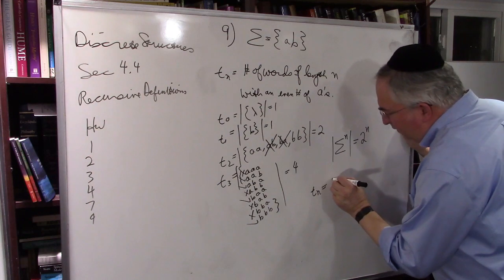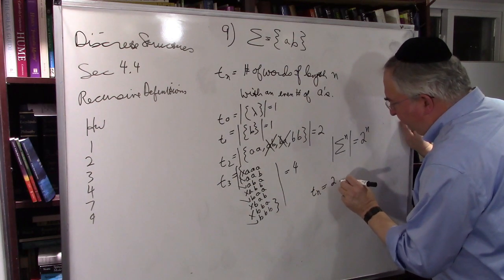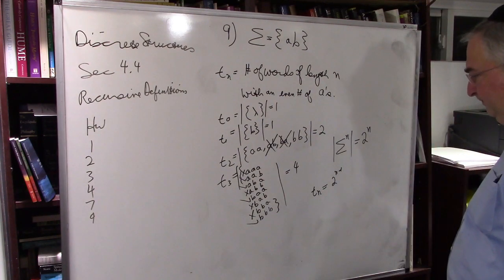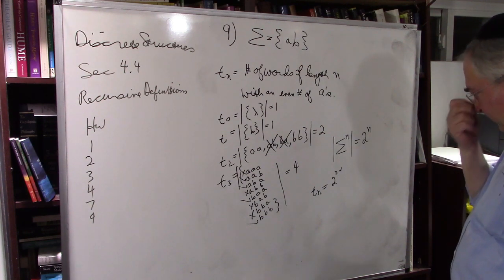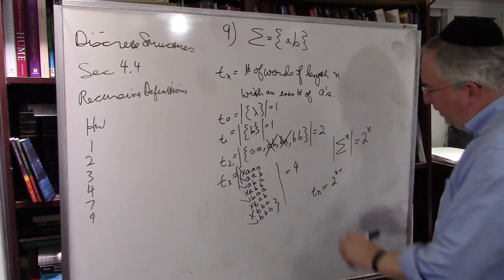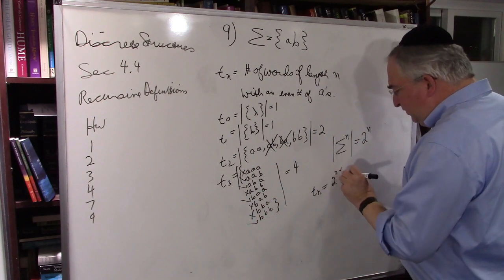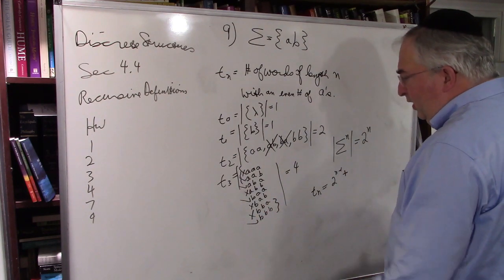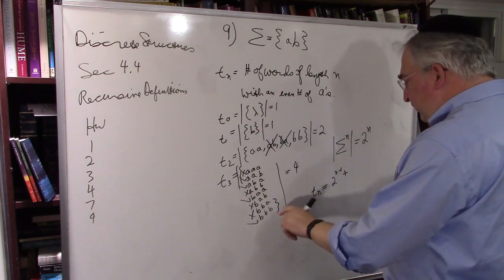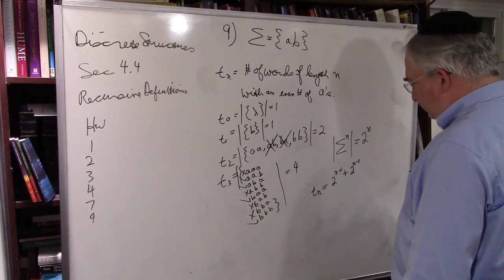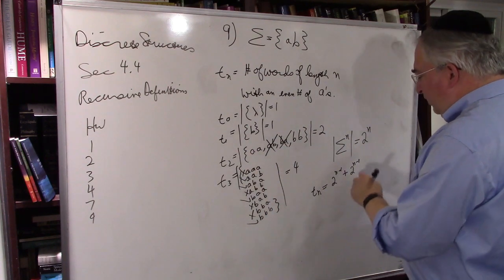So I think 2 to the n minus 1, and put an A in front of them. These are the ones that have odd. If you put an A in front of them, they'll now have even. Plus, take the ones that are even, that's 2 to the n minus 1, and put a B in front of those.